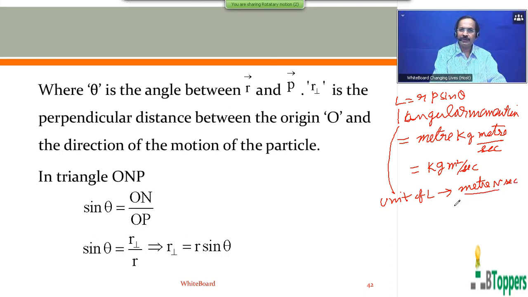Newton meter is the unit of force into the unit of displacement, that means the unit of work. So the unit of angular momentum can also be written as joule into second, which is the same as the unit of Planck's constant H.